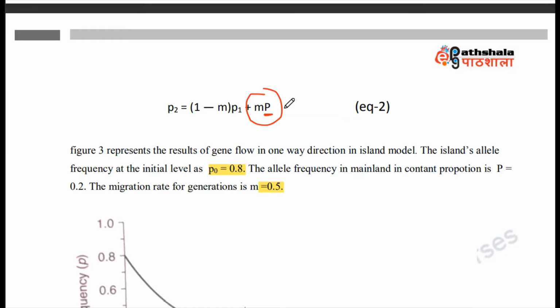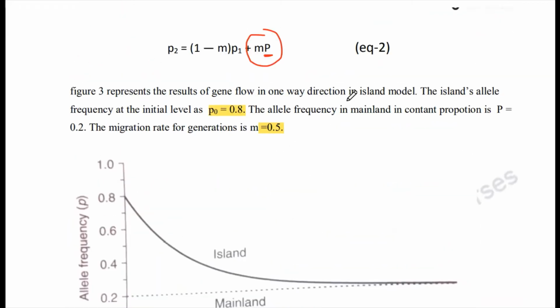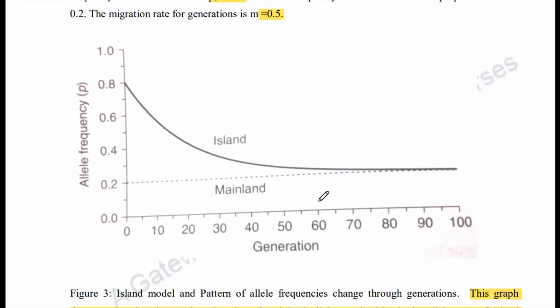Now what happens after many generations? How is the outcome going to be? When we're talking about genes flowing from the mainland to the island, there is going to be a point at which the allele frequency of a given allele in the island is almost similar to what we have in the mainland.